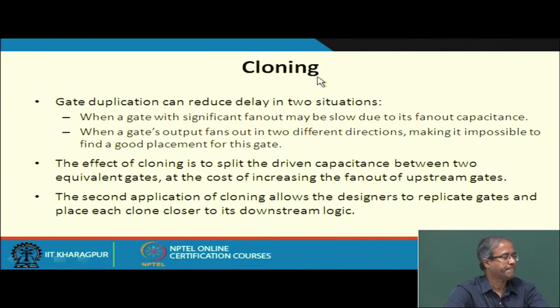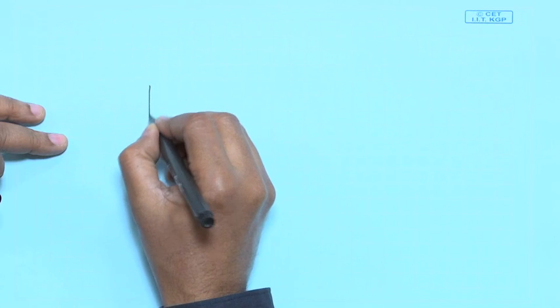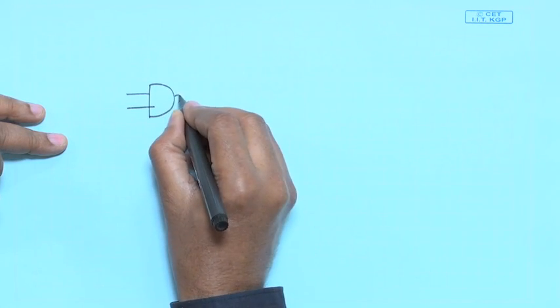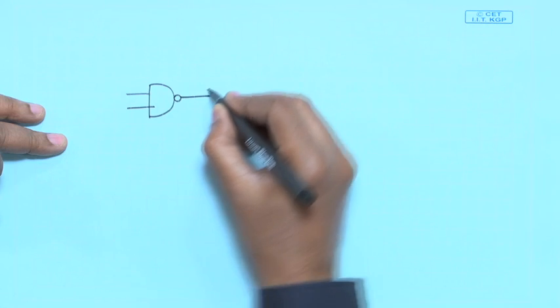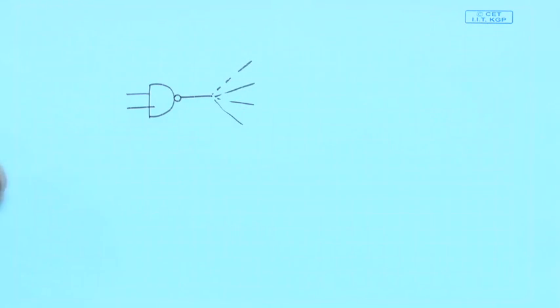Cloning. Cloning, as the name implies, means that we sometimes may need to duplicate a gate. Let me first intuitively tell you, then I shall talk further. Let us say we have a gate. This gate output may be going to more than one place.